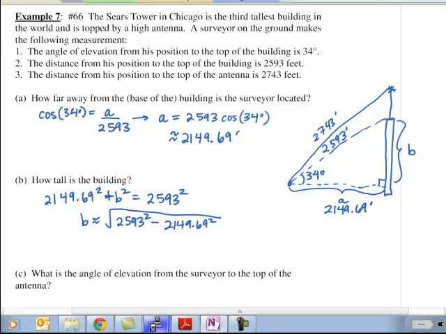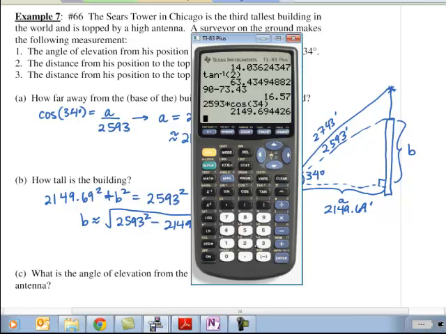We need a calculator for that. Take the square root.